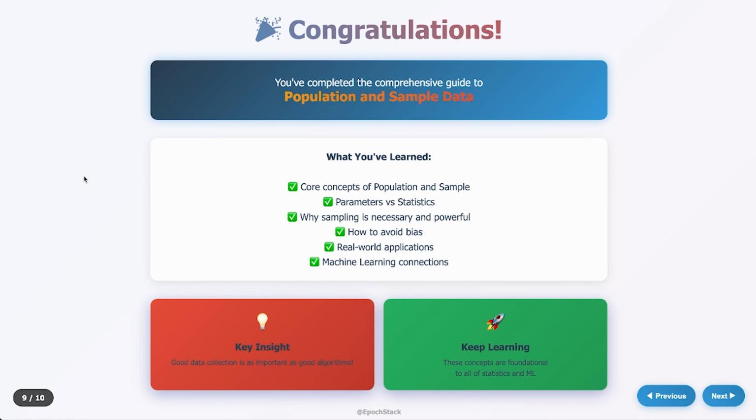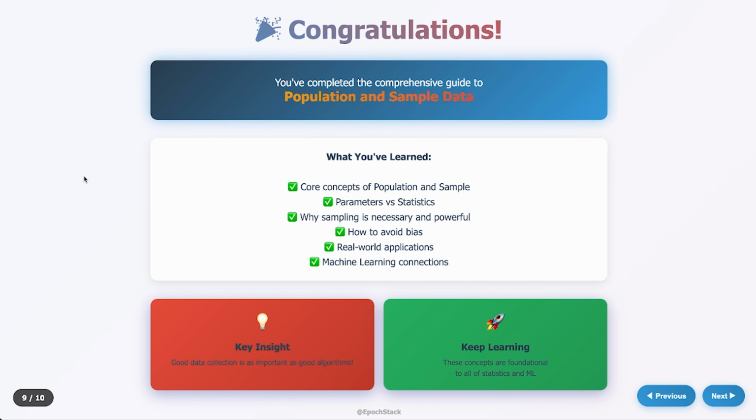And the key insight is that nowadays the cloud providers give you ready-made algorithms, so the main thing you have to focus on is the sample data. Good data collection is as important as a good algorithm. That is the key insight.